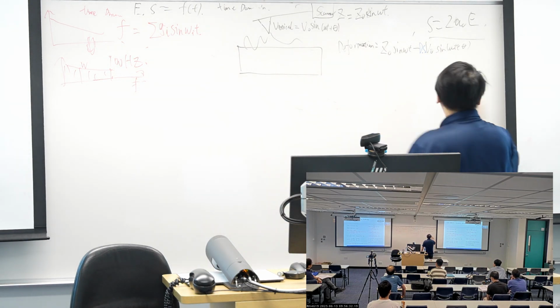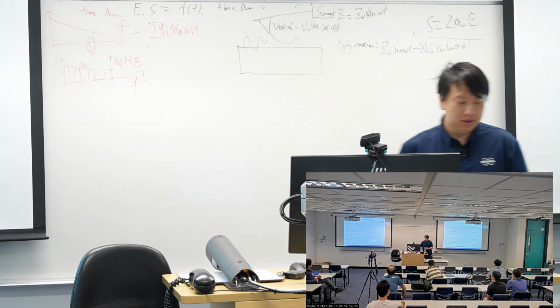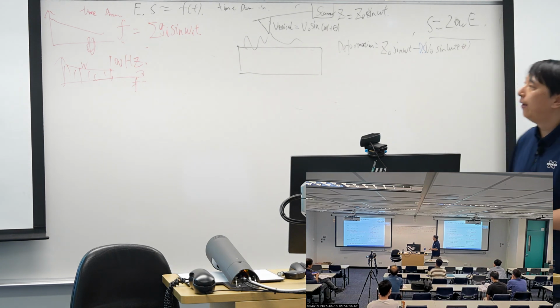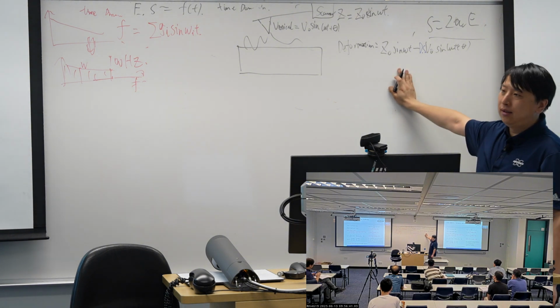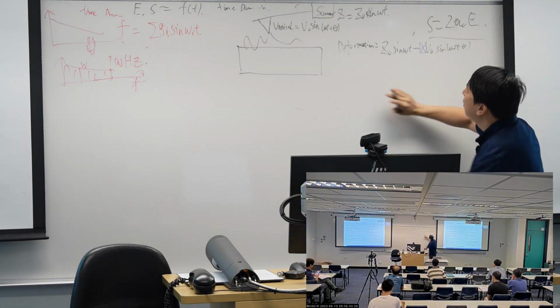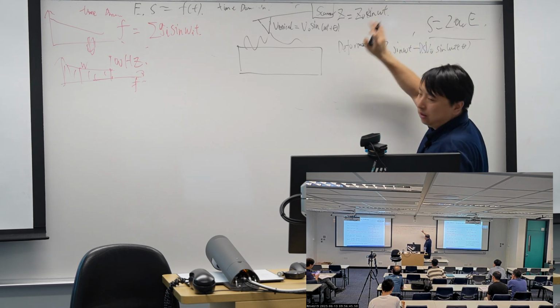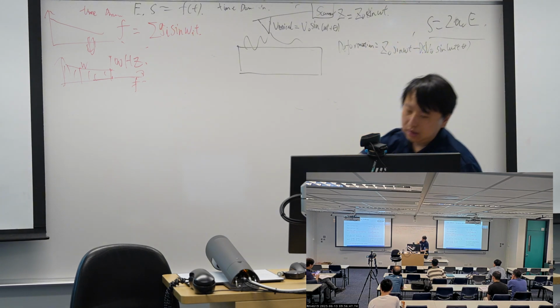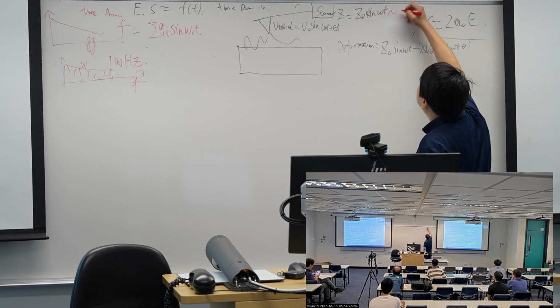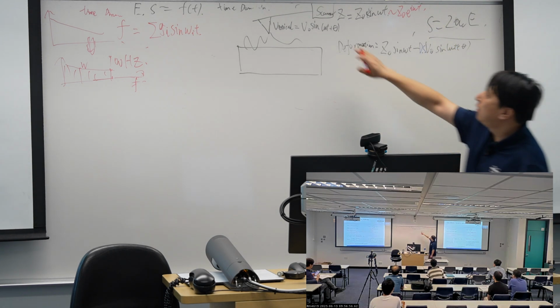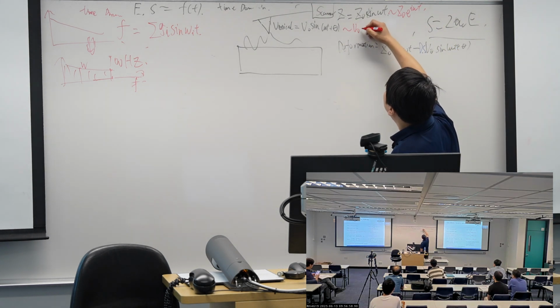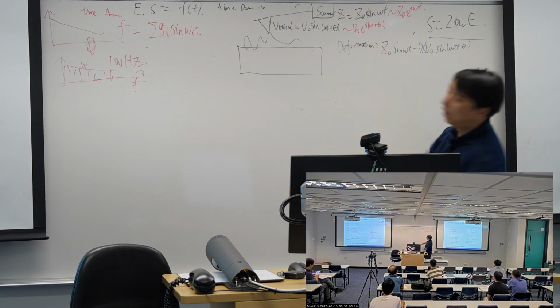We can do it in a different way. We can just do the exponential way at the beginning. So we write it down not in this form, but in exponential form: Z0 e^(i omega t), and V0 e^(i(omega t plus theta)).